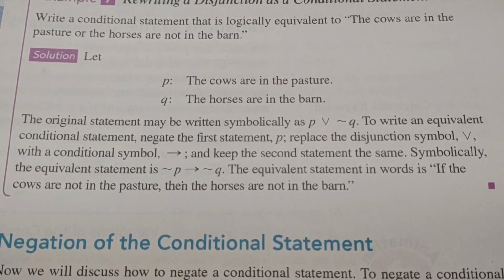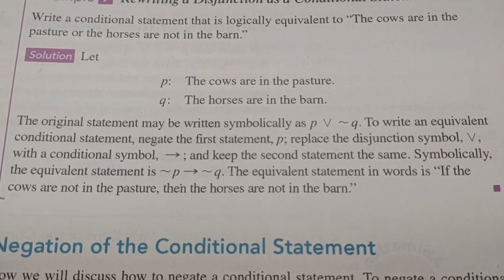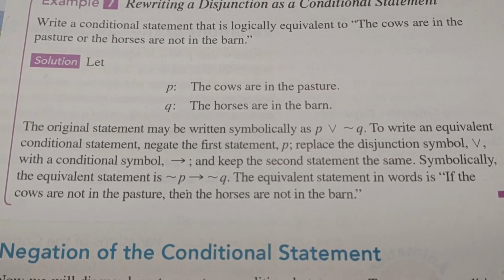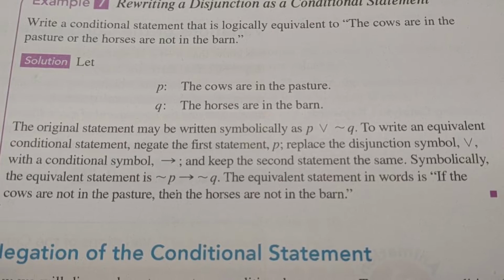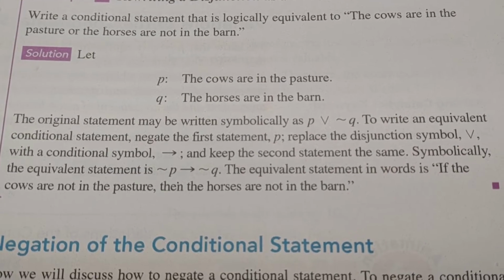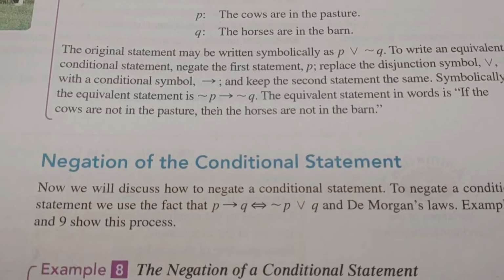Symbolically, the equivalent statement would be negated P, or the cows are not in the pasture, conditional, the horses are not in the barn. The equivalent statement in words is, if the cows are not in the pasture, then the horses are not in the barn.